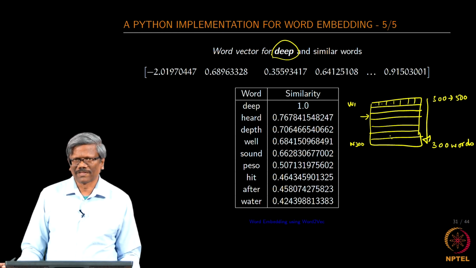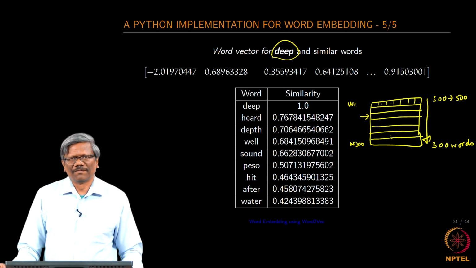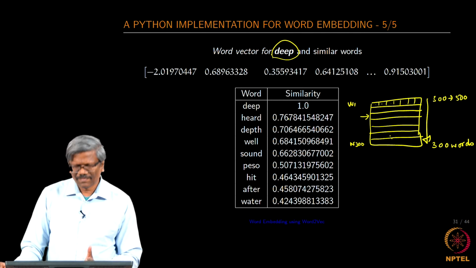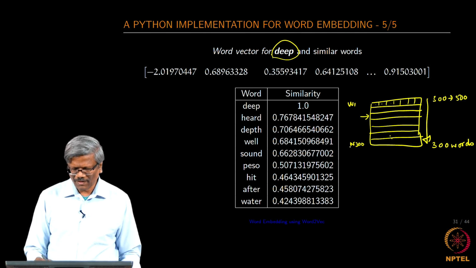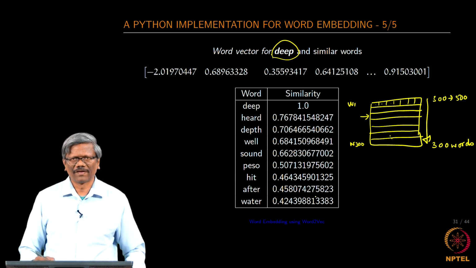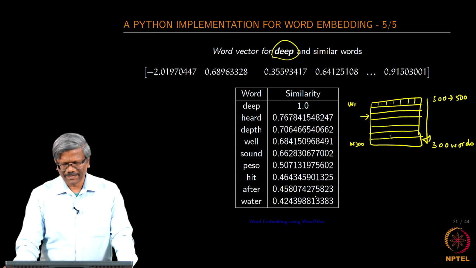So, I use cosine similarity, I am sure you remember that, and then find out the values, and then list the top 10 or 15 of them to find out how close those words are in the given embedding matrix.